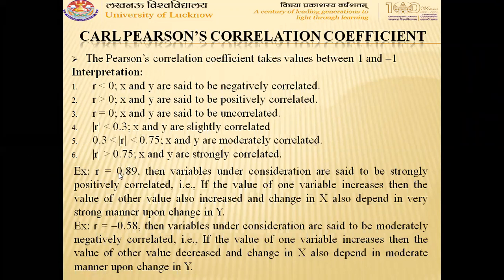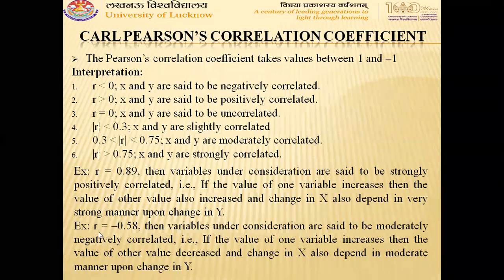As the value is positive, they are positively linearly related, and as the value is greater than 0.75, they are strongly positively linearly related. That means if the value of one variable increases, then the value of the other variable also increases, and change in one variable highly depends upon the change in the other variable.